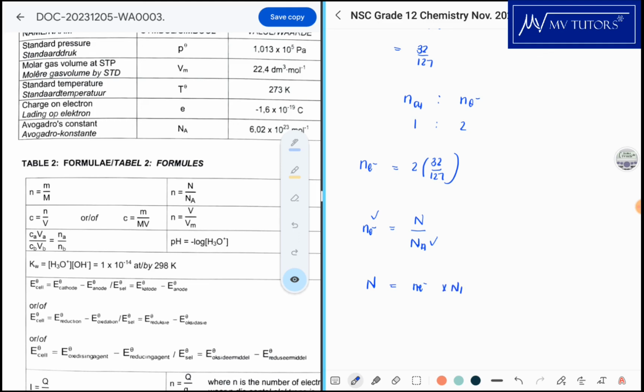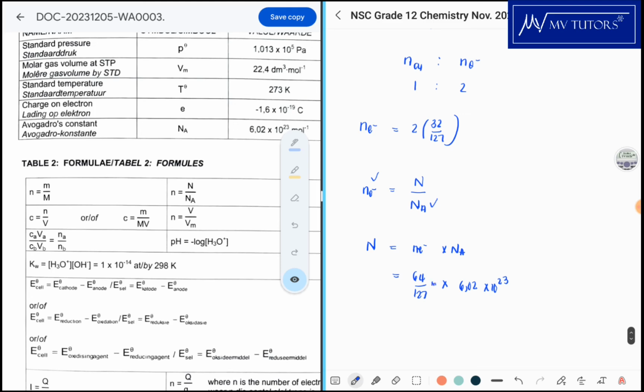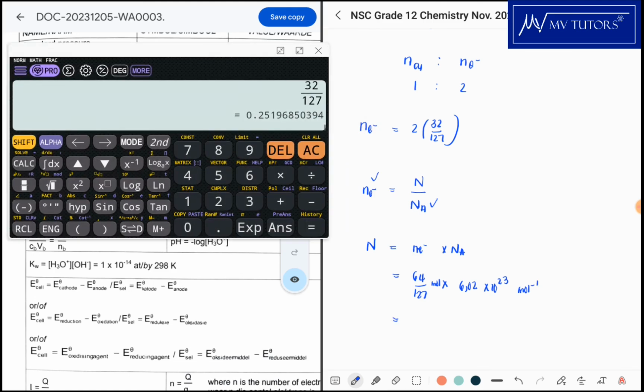And then we have Avogadro's number. So we have 2 times 32, which is 64, over 127, and then Avogadro's number, which is 6,02 times 10 to the power 23 per mole. So we take this number, multiply it by 2, then multiply it by 6,02 times 10 to the 23.